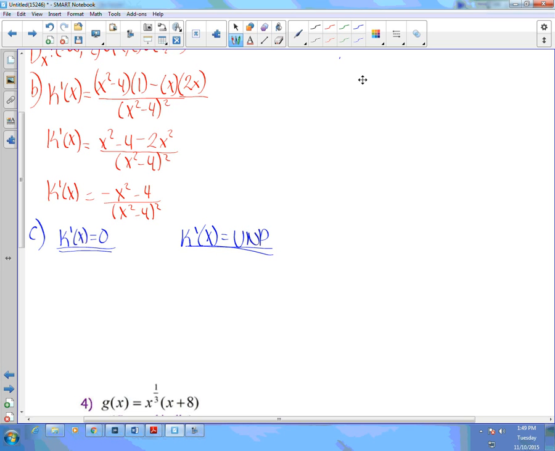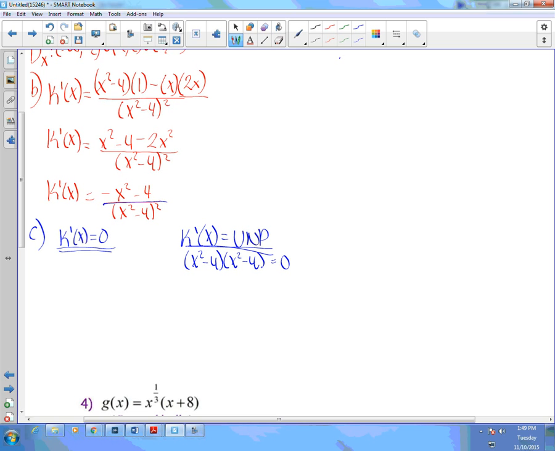The numerator or the denominator? Denominator, that's what we divide by, right? So the denominator can't be 0. So I'm going to break it up: x squared minus 4 times x squared minus 4 cannot equal 0.